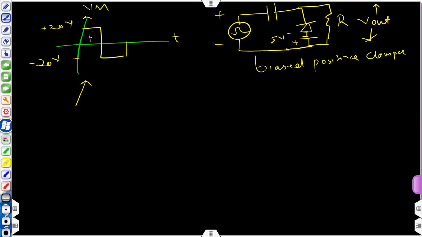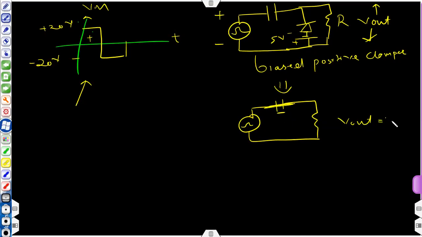When you remove this branch, this will be the equivalent circuit. Initially the capacitor is discharged, and a discharged capacitor acts as a short circuit like this. So V out will turn out to be equal to V in. So this is wrong. You don't have to do that.